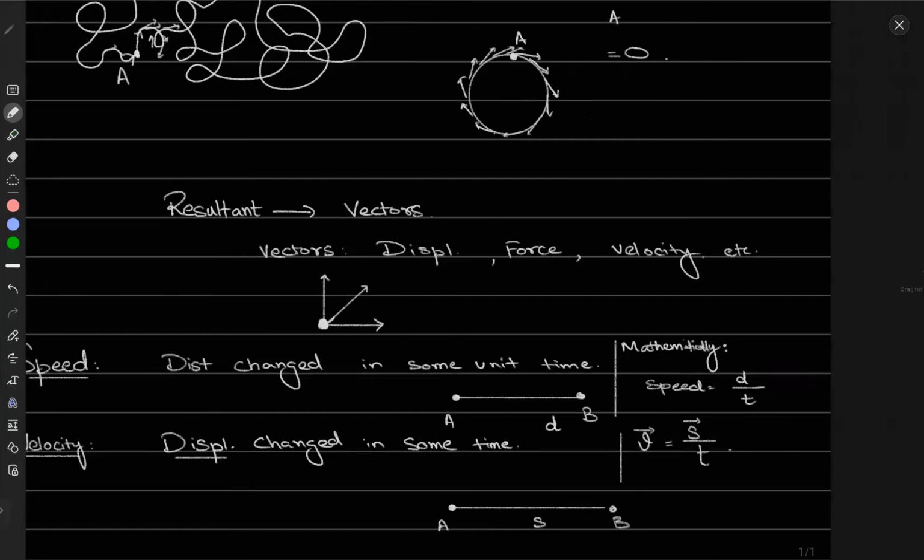Now, similarly, we can talk about acceleration. Of course, we talked about distance or displacement, and we said that that displacement might change, right? And the change in that displacement was given a name, and that was velocity.